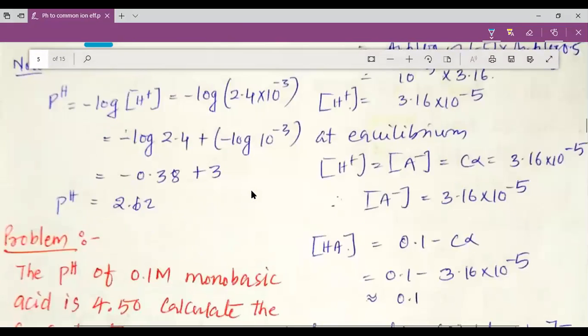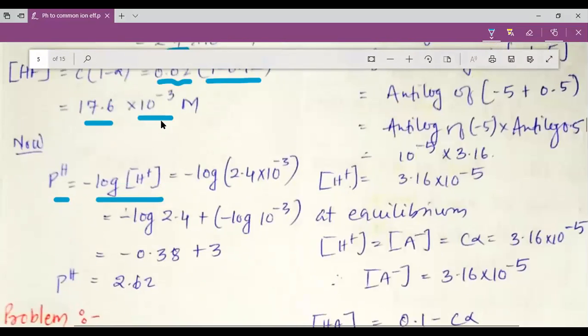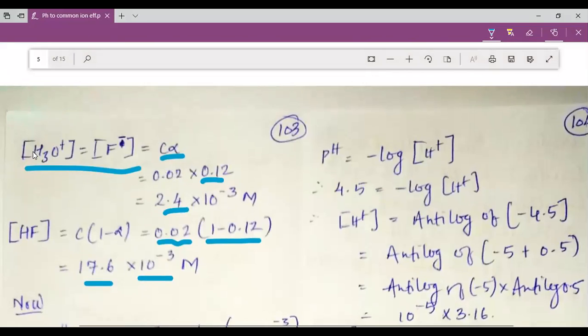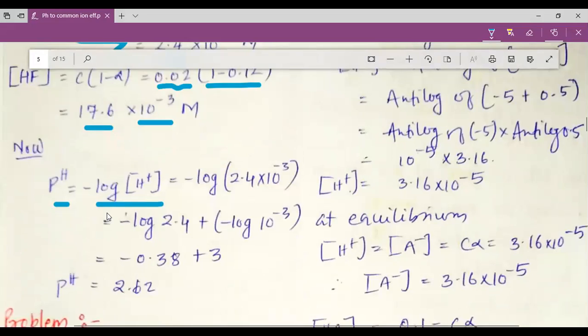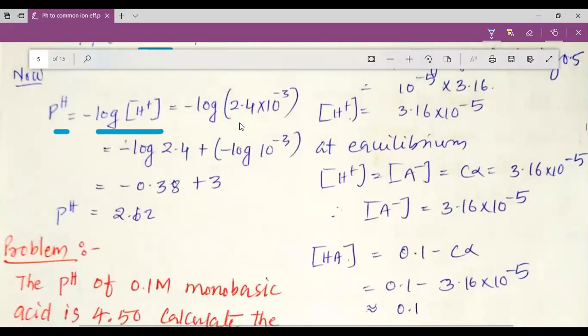So now, my dear students, we want to find out pH. pH is equal to minus log of H plus. We have calculated the concentration of H plus here, which is the concentration of H3O plus, and that gives us the value 2.4 into 10 to the power minus 3. So the same value we put here for the concentration of H plus, that is 2.4 into 10 to the power minus 3.